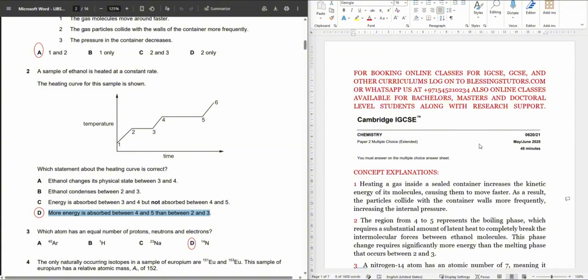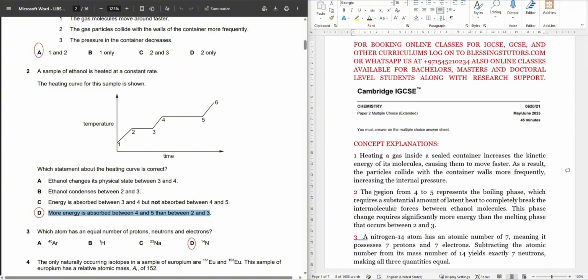So the explanation is that the region from 4 to 5 represents the boiling phase, which requires a substantial amount of latent heat to completely break the intermolecular forces between ethanol molecules. This phase change requires significantly more energy than the melting phase that occurs between 2 and 3.